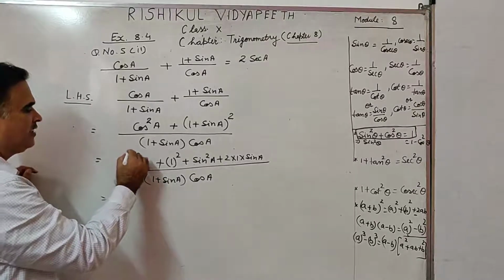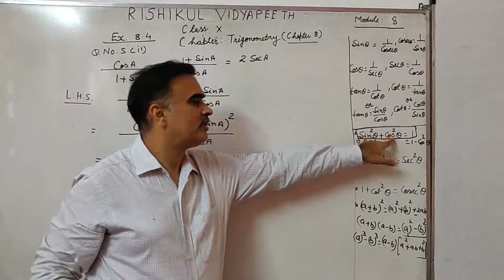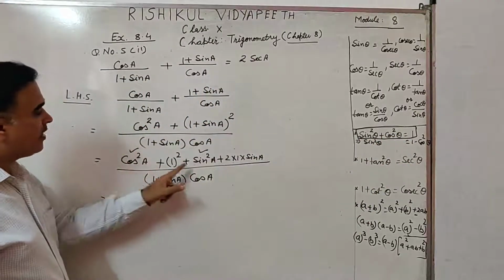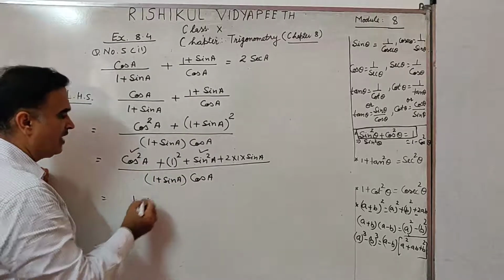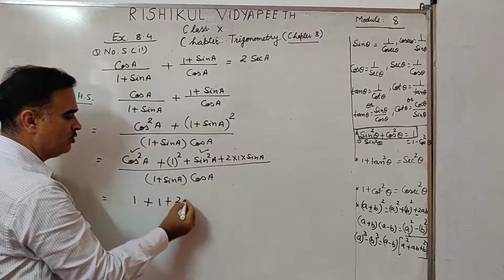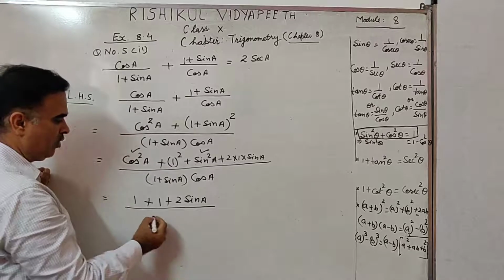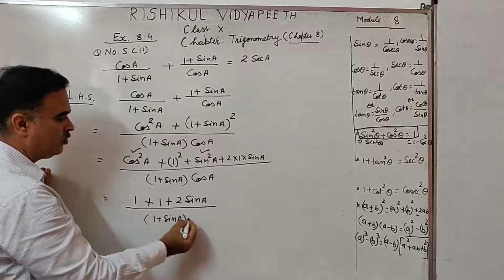You know this identity, cos square A plus sin square A, it is 1. The same way, cos square A plus sin square A, what we can write? We can write 1 plus 1 square is 1, plus 2 into 1, that is 2 into sin A, upon 1 plus sin A into cos A.